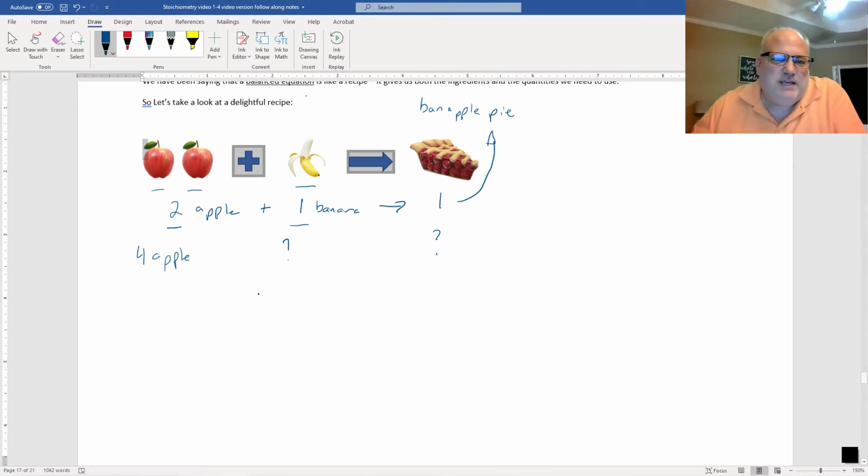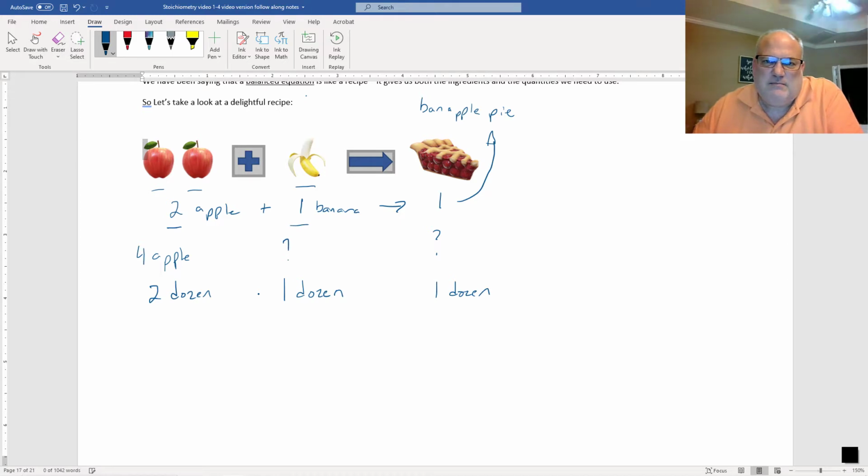Yes, this could be a 2 to 1 to 1 ratio, but couldn't we also say, if we wanted to, well, I don't know, 2 dozen? Wouldn't the ratio work with dozens as well? Couldn't I say for every 2 dozen apples, I need 1 dozen bananas, and wouldn't I get 1 dozen banapple pies?